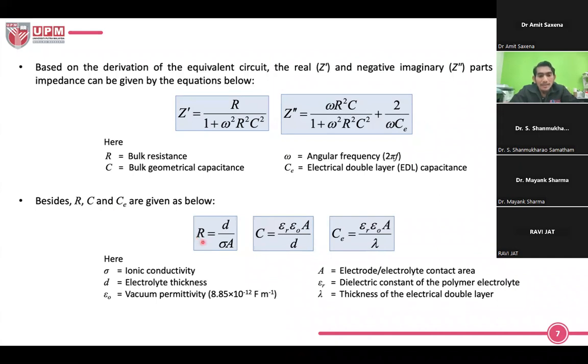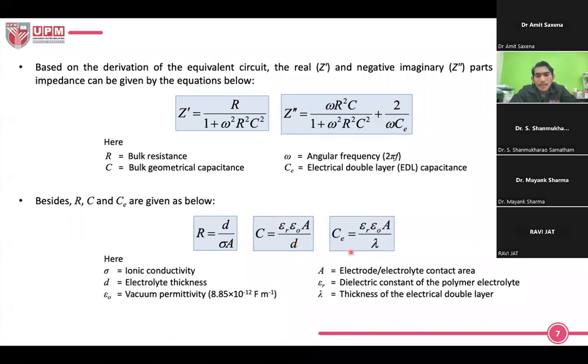Based on the equation of conductivity, sigma equals thickness divided by resistance times area, so R is equal to D divided by sigma A, where sigma is the conductivity. And capacitance is equal to the dielectric constant of the material multiplied by vacuum permittivity multiplied by the area, which is the electrolyte contact area, divided by the sample thickness.